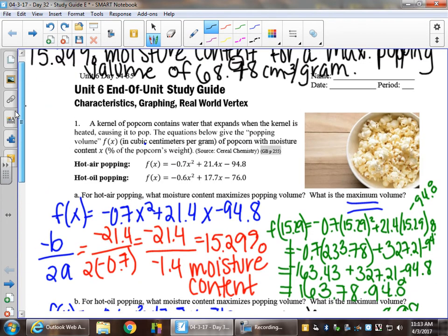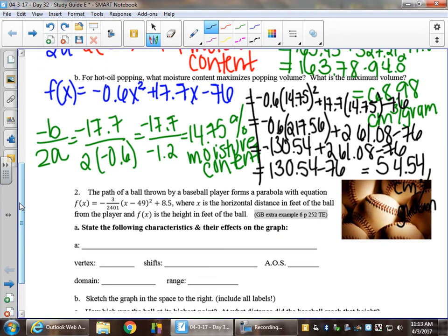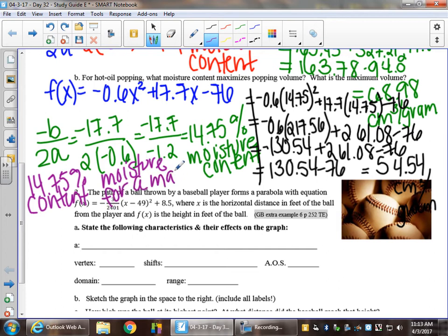So how would I write a sentence? It's going to be just like part A. 14.75% moisture content for a max popping volume of 54.54 centimeters cubed per gram.